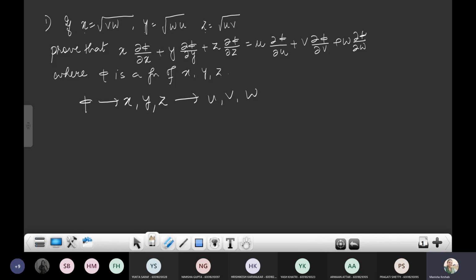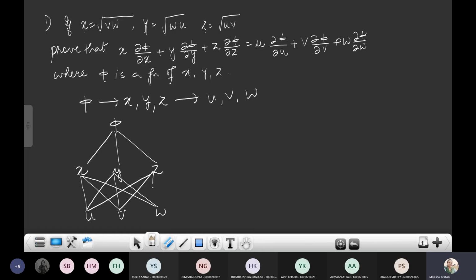So if you want to draw the tree diagram, you can draw phi as a function of x, y, z, and these x, y, z all should be functions of u, v, w. Then only we can get the composite function.